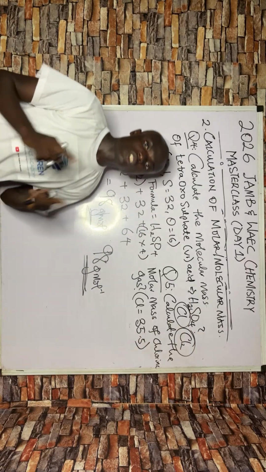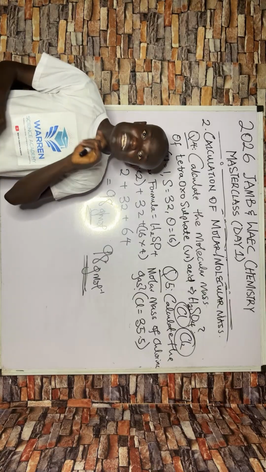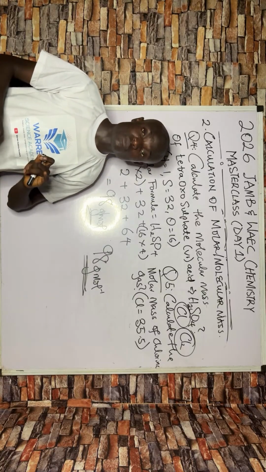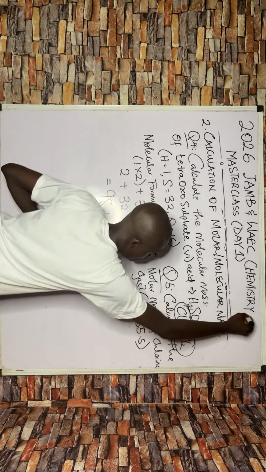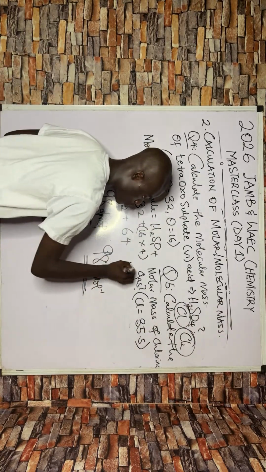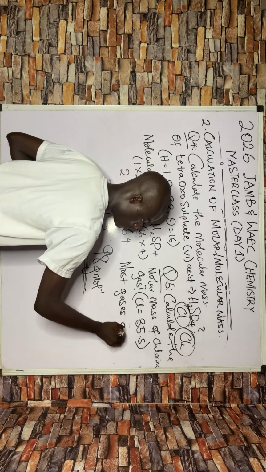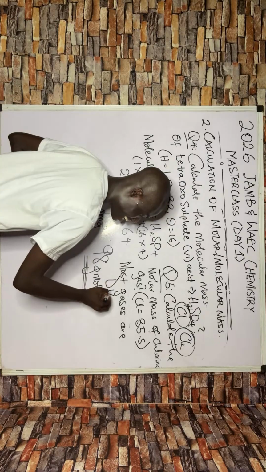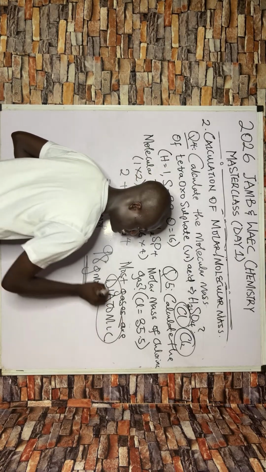Now, there's one important rule I'll leave you with, which is very, very basic. Most gases are diatomic. Very important point. Now, what do we mean by diatomic? Di means two.